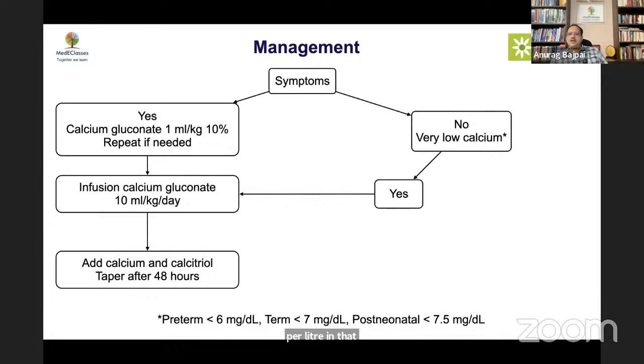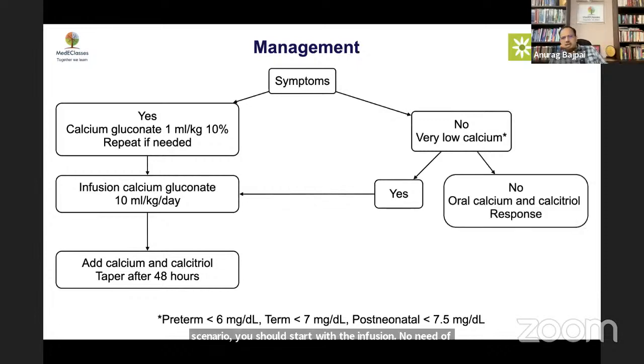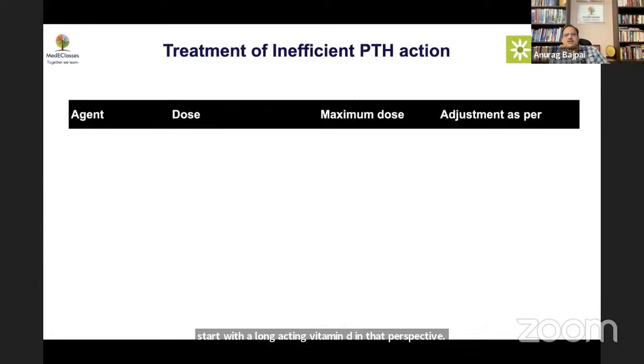No need of giving acute bolus. If there are no symptoms, start with calcitriol. Now, this calcitriol is only to build up the vitamin D level because the half-life is short, and then you can start with the long-acting vitamin D. If there is no response, you can go ahead with infusion again.